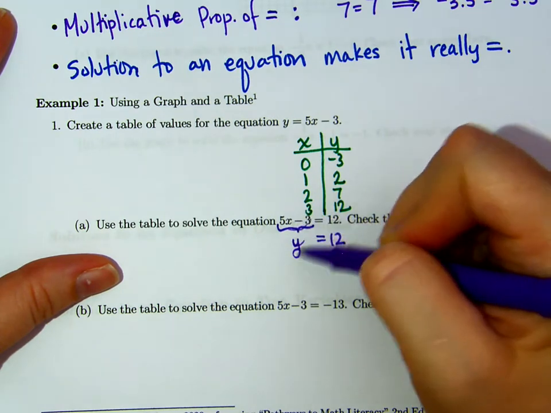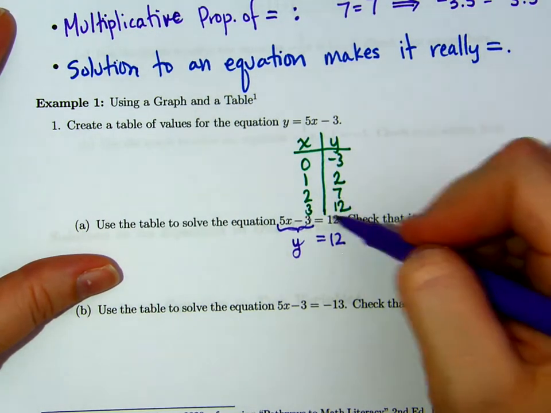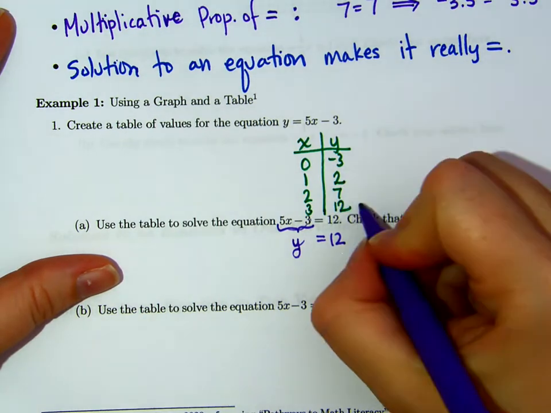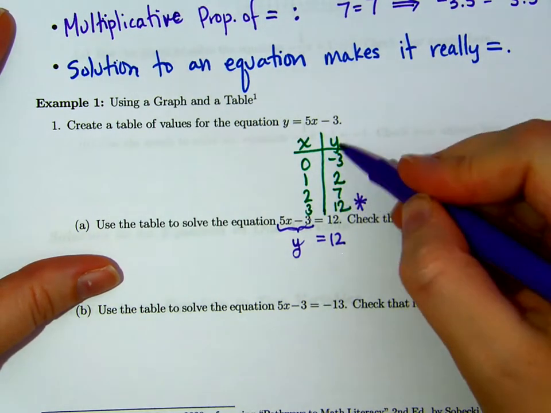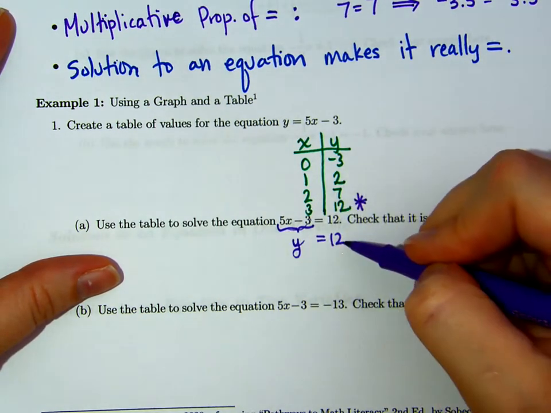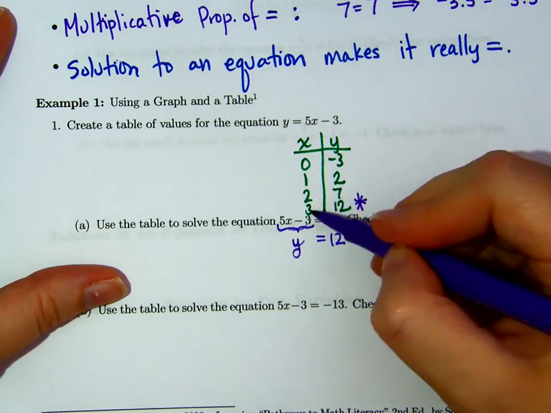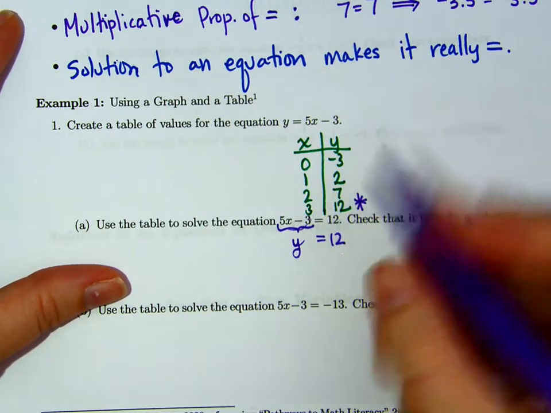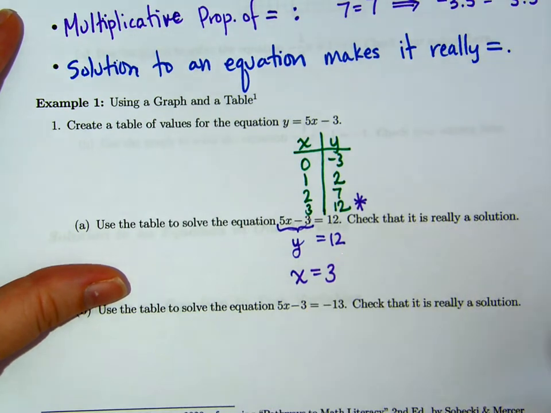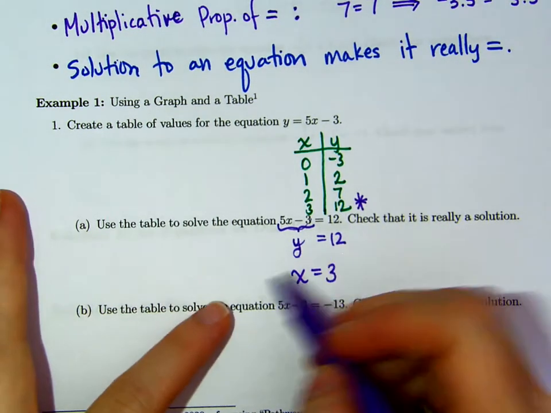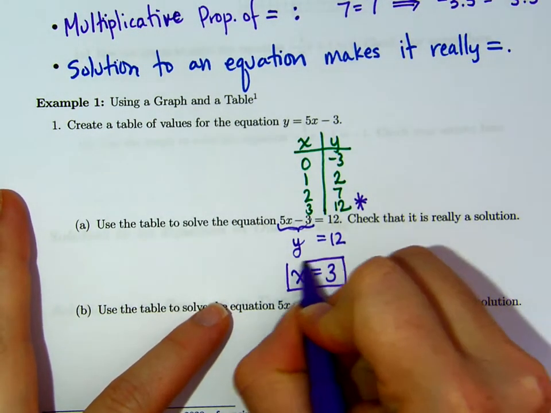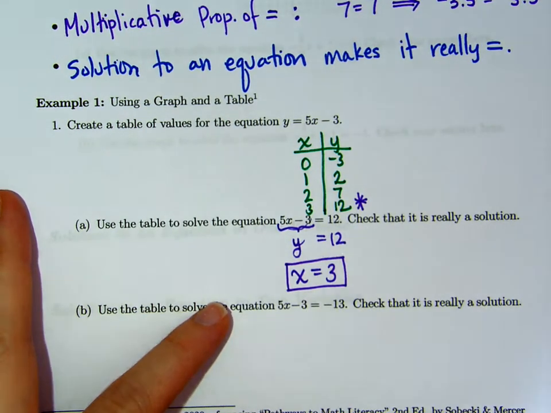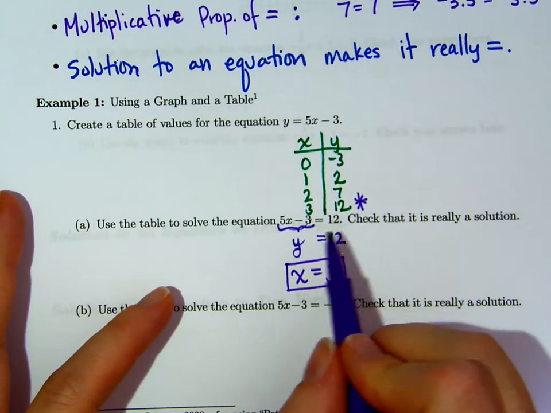So I can replace this with a y, go back to my table and see, oh look, right here, y is equal to 12, and when that happens, x is equal to 3. Okay, so here is our solution to when 5x minus 3 will equal 12.